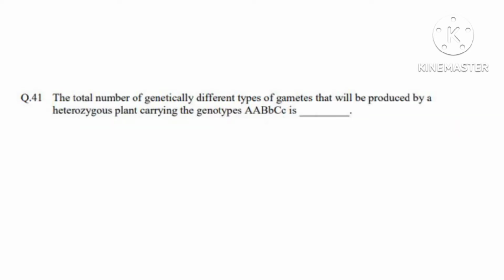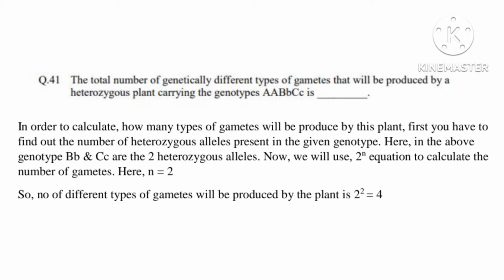In this question, you are asked to find out the number of genetically different types of gametes that will be produced by this heterozygous plant. The genotype of this plant is provided. In order to calculate how many types of gametes this plant will produce, first you have to find out the number of heterozygous alleles present in the given genotype.